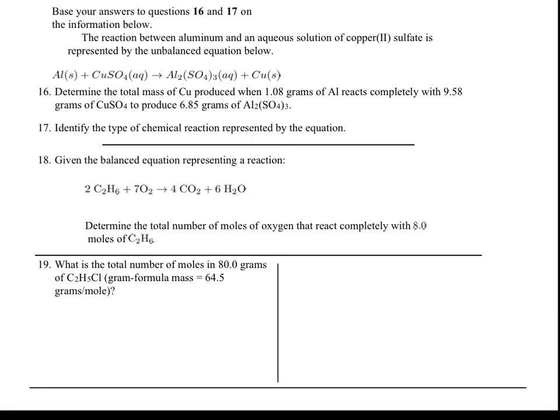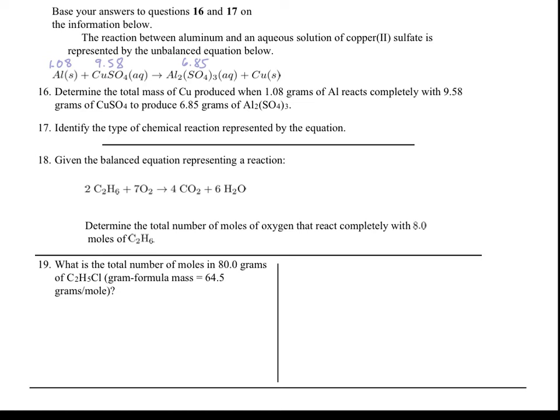All right, number 16. This is kind of like number 1. Determine the total mass of Cu produced when 1.08 grams of aluminum reacts completely with 9.58 grams of CuSO4 to produce 6.85 grams of aluminum sulfate. So based on conservation of mass, the total on both sides has to be the same.